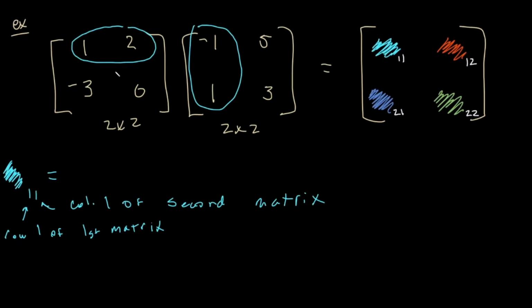The way we do this is I'm going to take these two numbers, 1 and -1, and I multiply them. So this becomes 1 times -1, and I'm going to move over to the next element, and move down to the next element. So I get plus 2 times 1.